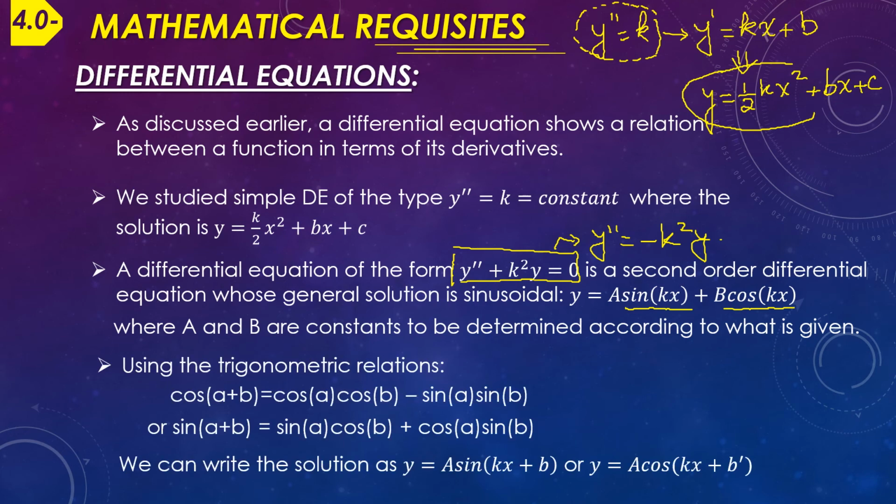Now, using the trigonometric relations cosine (A plus B), cosine (A minus B), we can simply replace this function y equals A sine kx plus B cosine kx by A sine (kx plus B) or simply A cosine (kx plus B prime). Now, this is related to the trigonometric functions that we studied at the beginning.